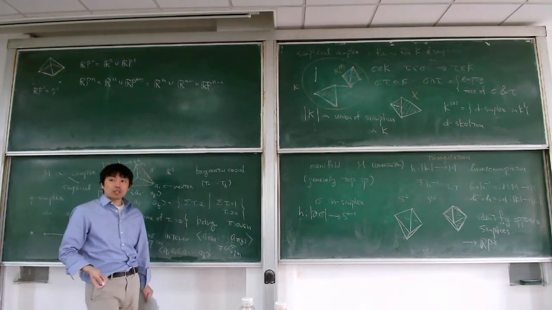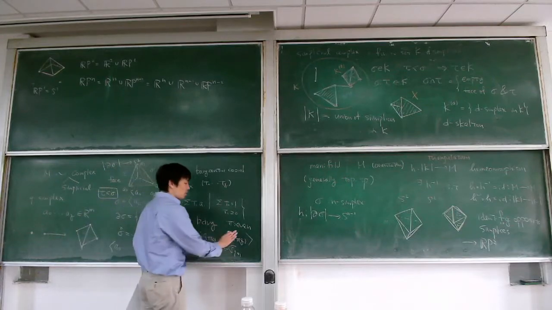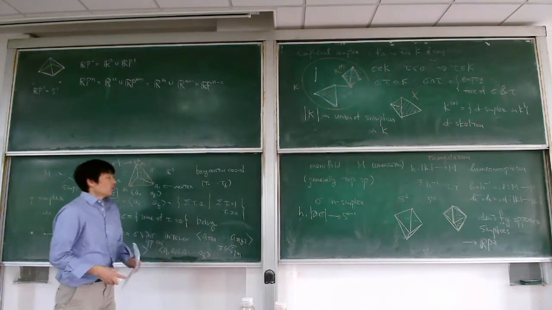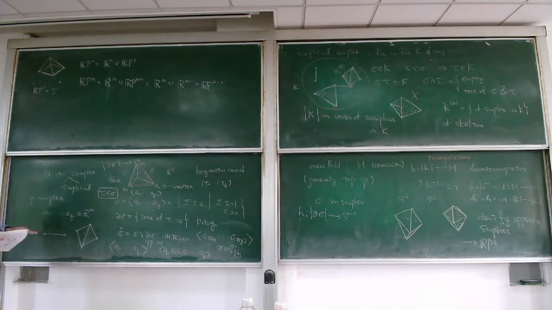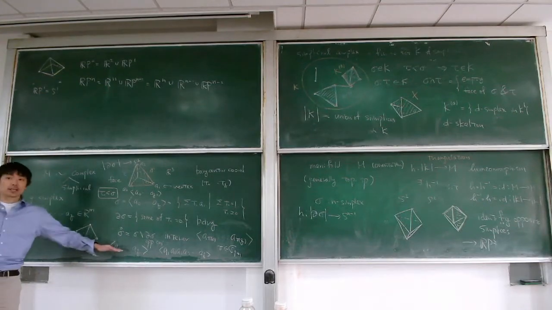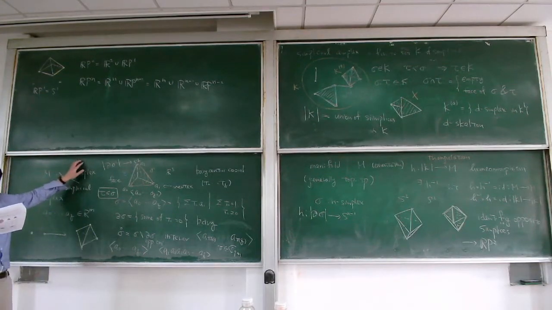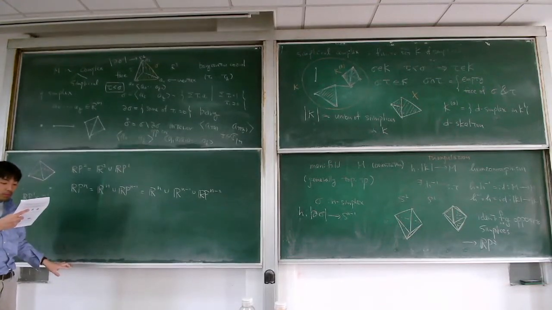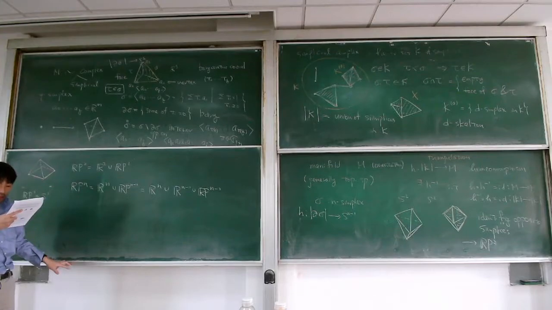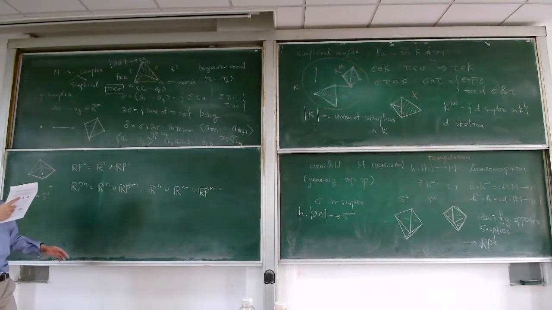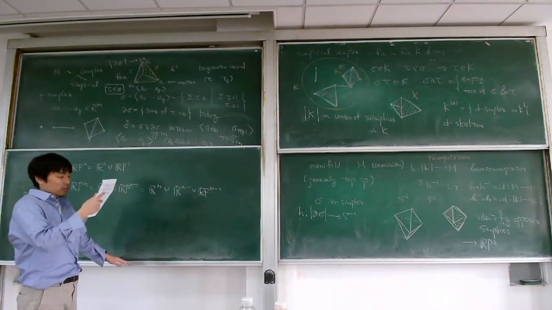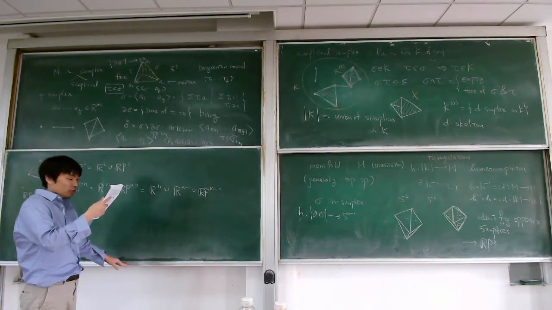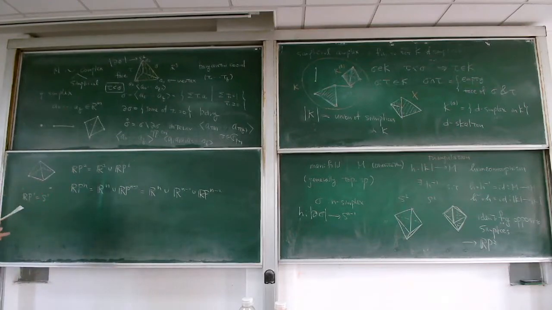If it is odd, it is the opposite orientation. So you can consider the ordered set, and then orientation can be considered. I think there's a typo in the lecture note. It should be Q plus 1, and this is not a sphere, so I should change the notation.